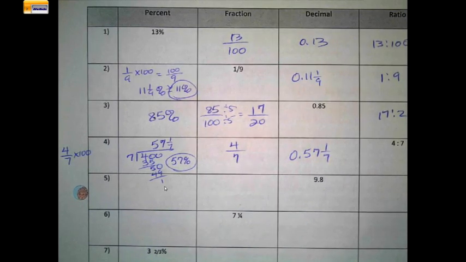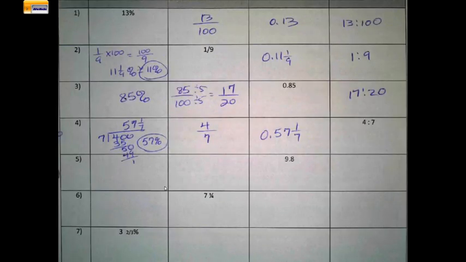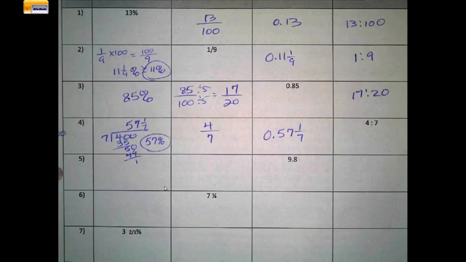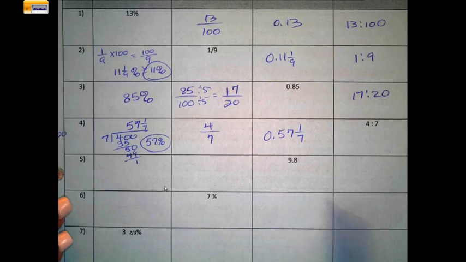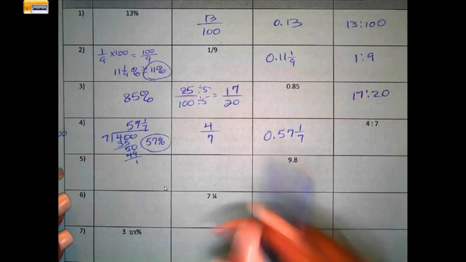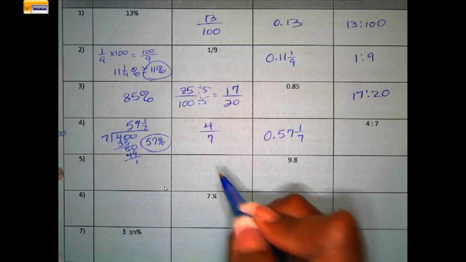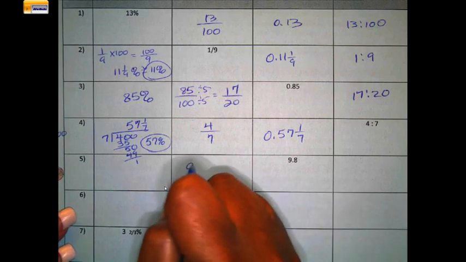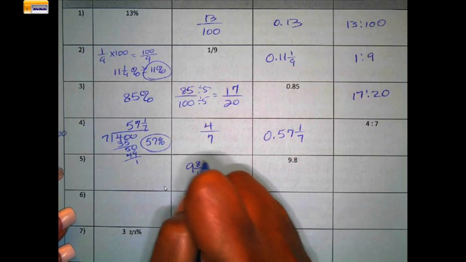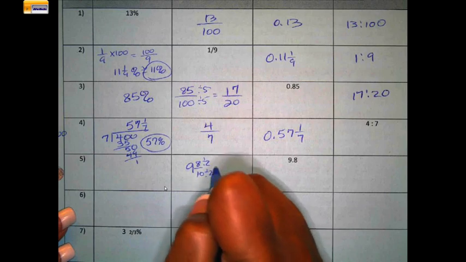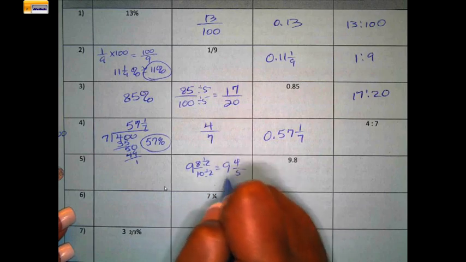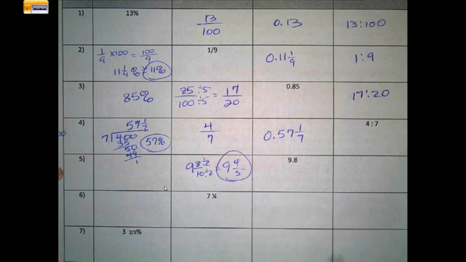Okay, let's do number 5, and then you should be able to do the rest of these. What is my fraction on number 5, since I gave you the decimal? You can do 98 over 10, but really it's 9 and 8/10, and when I reduce that by 2, I get 9 and 4/5, which is what I would prefer to do.